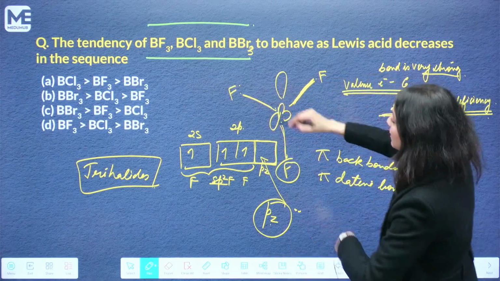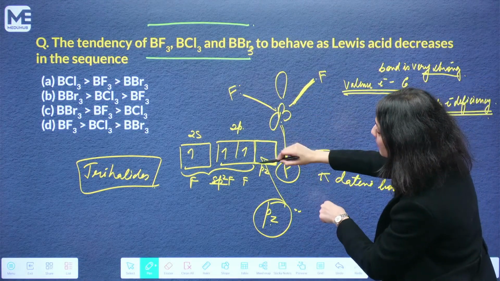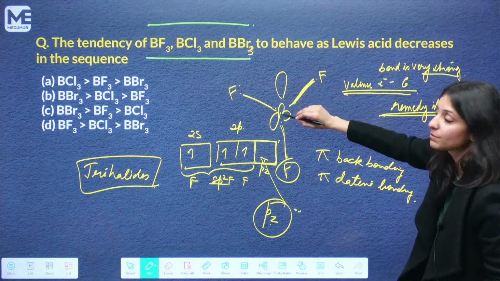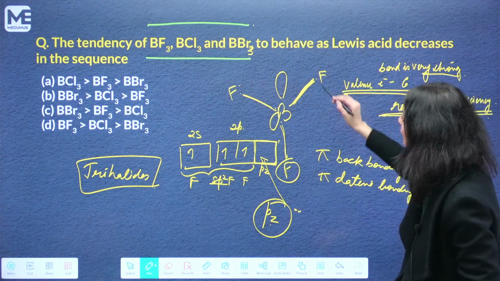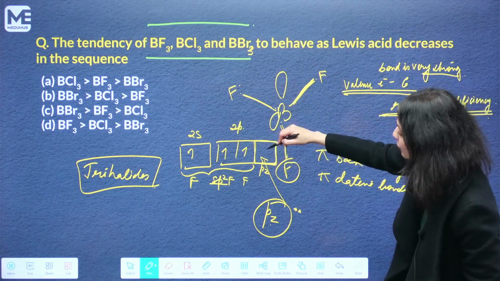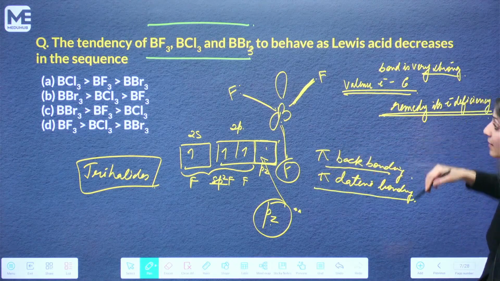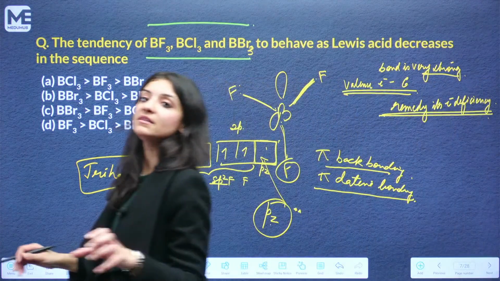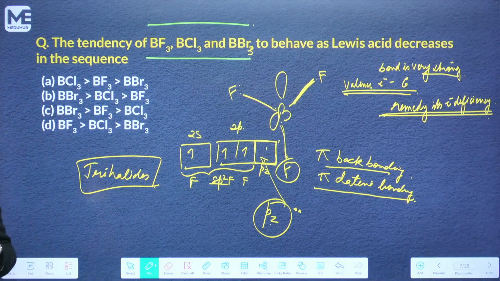So we have a plane of BF, BF, BF, it's a triangular plane, and the pz orbital, which was empty, is perpendicular to this plane. Now fluorine has filled pz orbital. It donates its 2 electrons from the pz to the empty pz of boron, and this is called pi back bonding or pi dative bonding. Because of this, the BF bond attains a double bond character, and it remedies its electron deficiency.